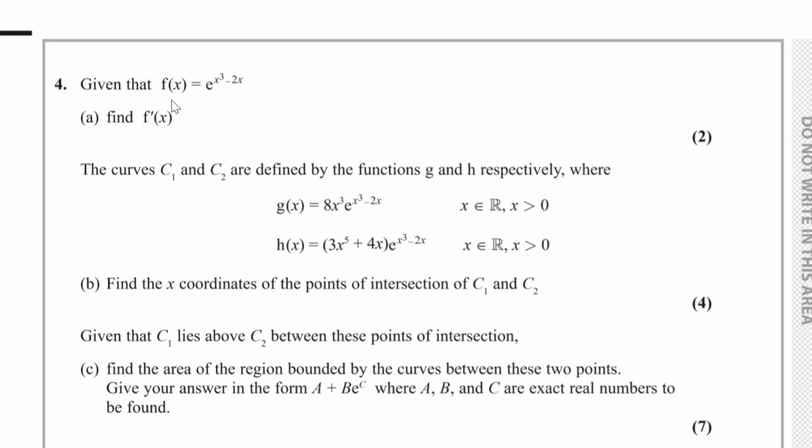Question number 4. We're given that f of x is equal to e to the x cubed minus 2x, and for part A we have to find f dash of x.